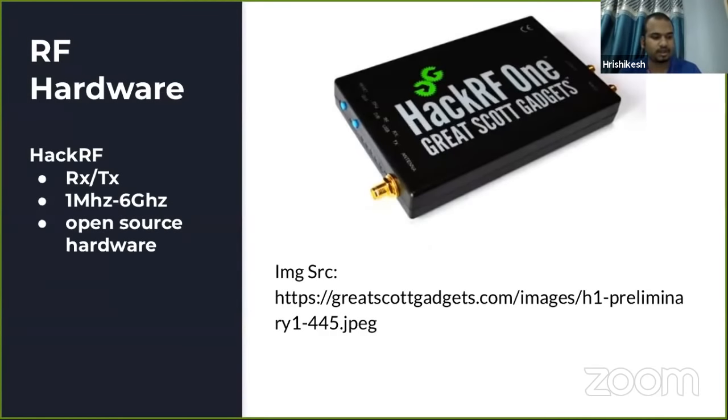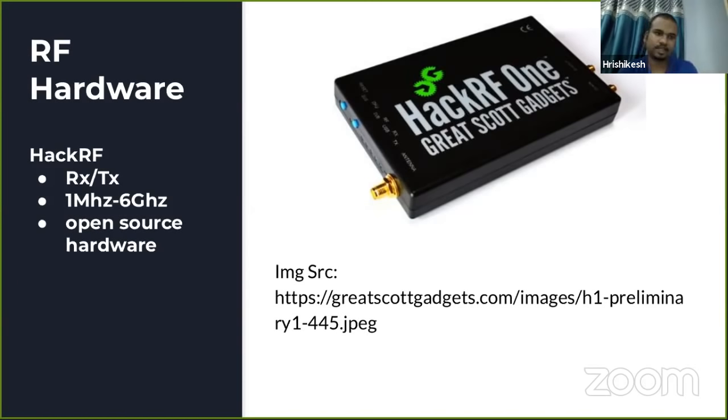This is everybody's favorite gadget. If you have heard about such videos going on, in the world of RF, this is the Swiss knife. Everybody is aware of this thing. This is the HackRF One.